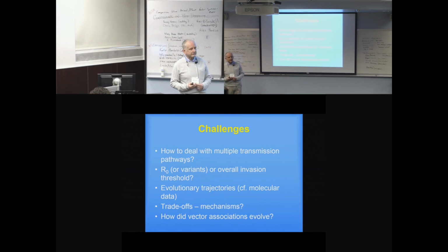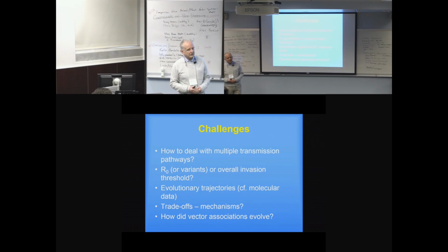Then the final challenge that I would put to you is, well, actually, in the first place, how did vector associations develop? You can imagine a situation where primeval viruses would have developed by one way or another within plants, if plants had evolved at that time, who knows? Within insects. At what point in time was it necessary to, or did it assist to actually involve a vector to assist?